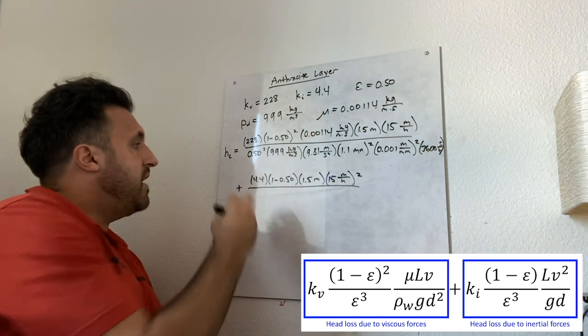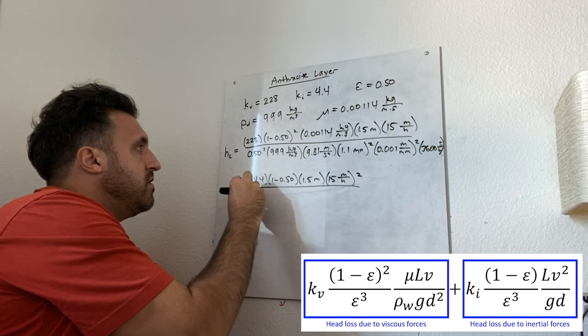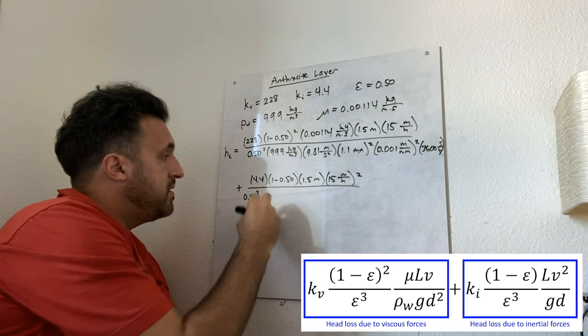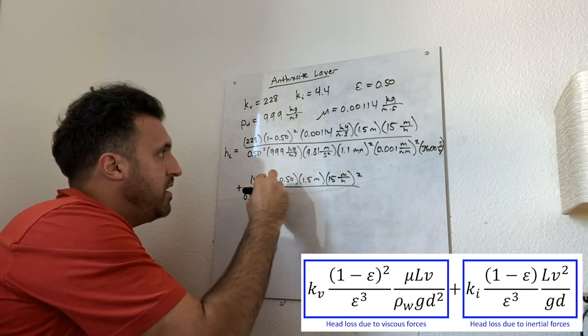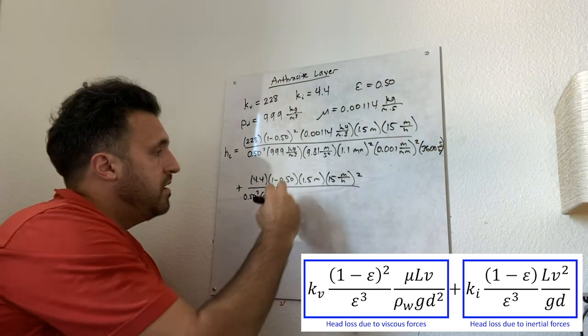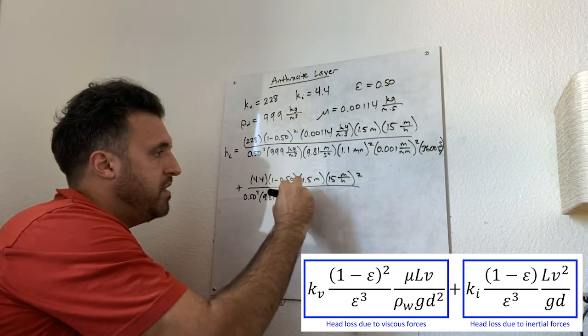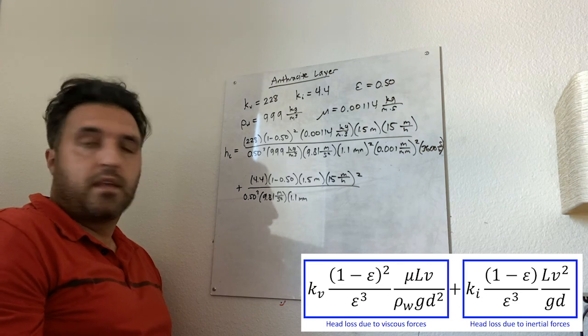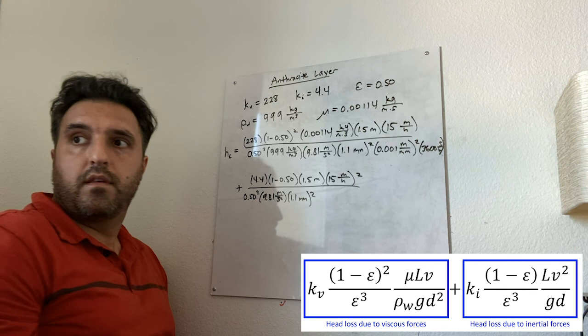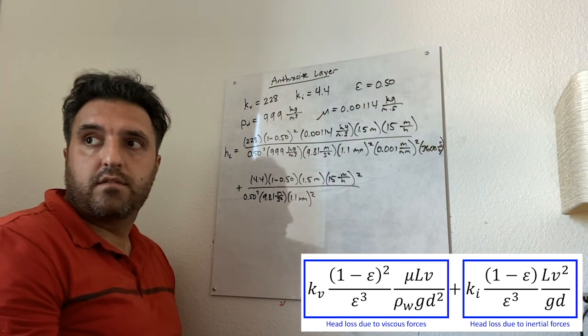That whole thing is divided by 0.50 cubed times 9.81 meters per second squared, 1.1 millimeters squared, and then the unit conversions.